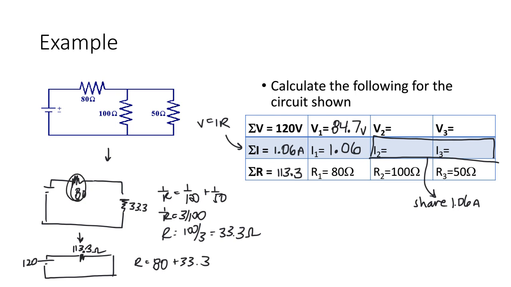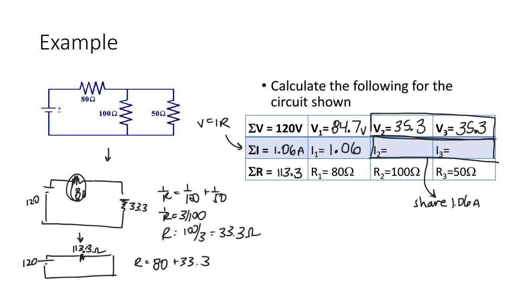Knowing that this right here has 84.7 volts, that means that the total 120 has been decreased by 84.7 volts, and that this voltage right here is going to be equal to 120 minus 84.7.